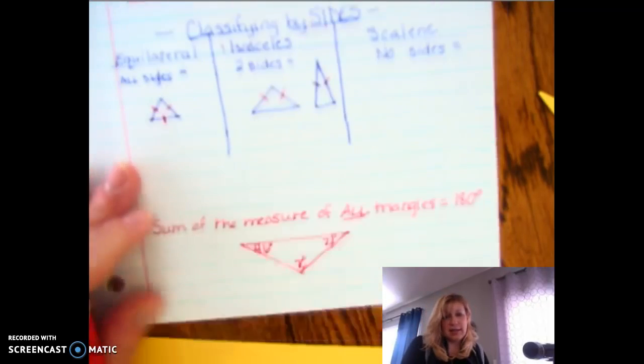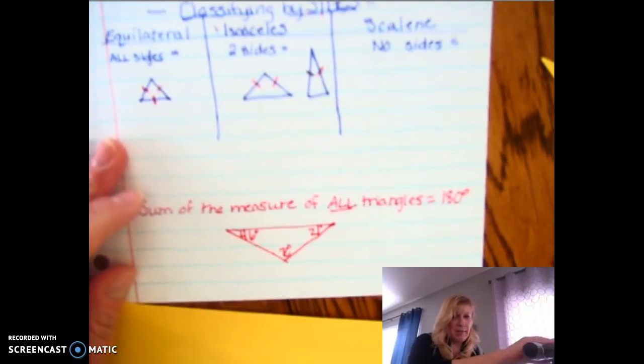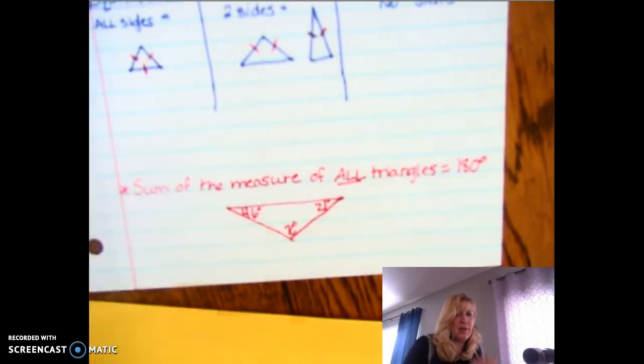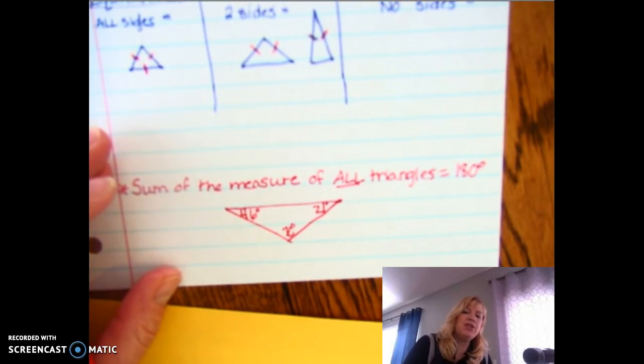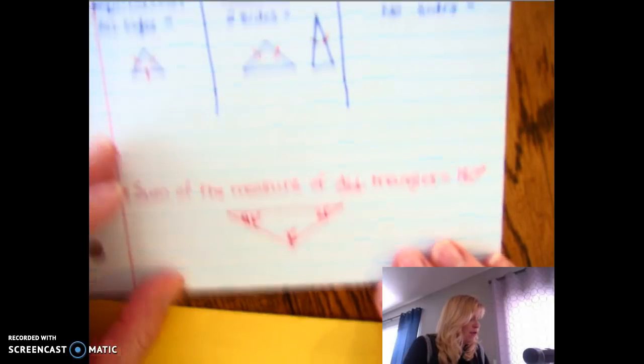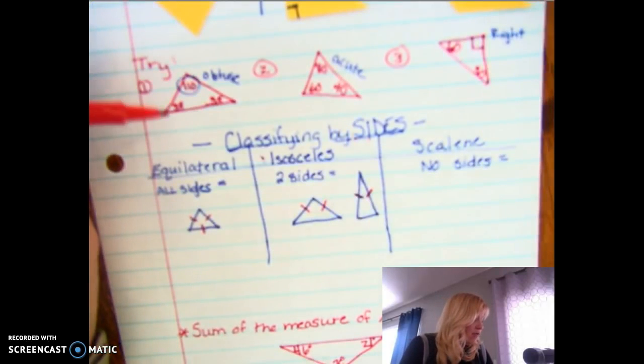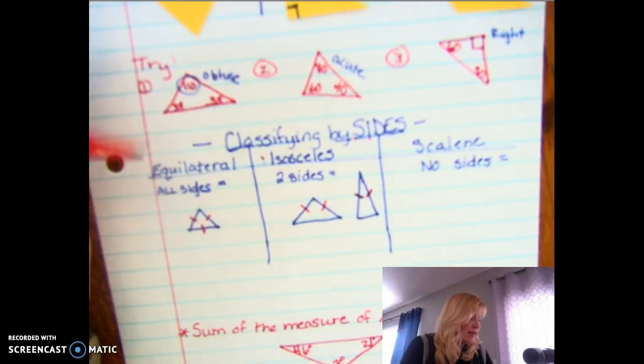The other thing, and this is going to be a really quick one, if you remember complementary and supplementary, once you know some stuff about the measures of angles and how things work, if you look up here, all of these, 35 plus 35 is 70, plus 110 is 180.